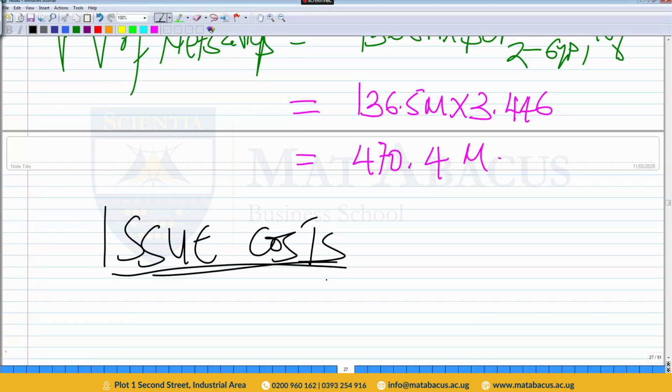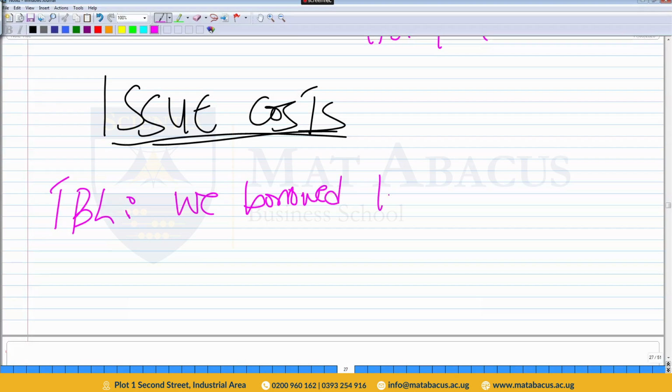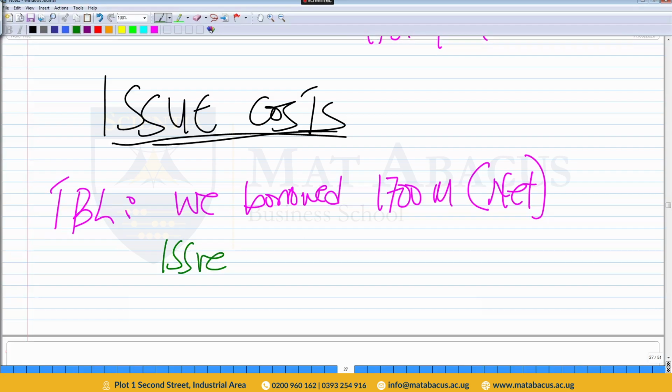For DBL, we borrowed 17 million. This is net. That's what we got. And the issue cost was given as 5%.